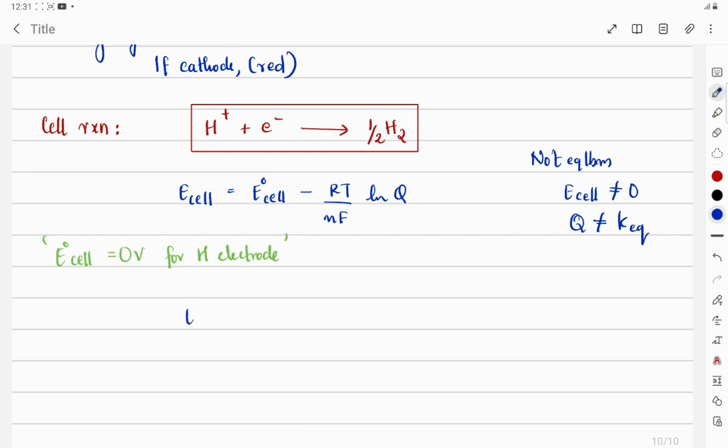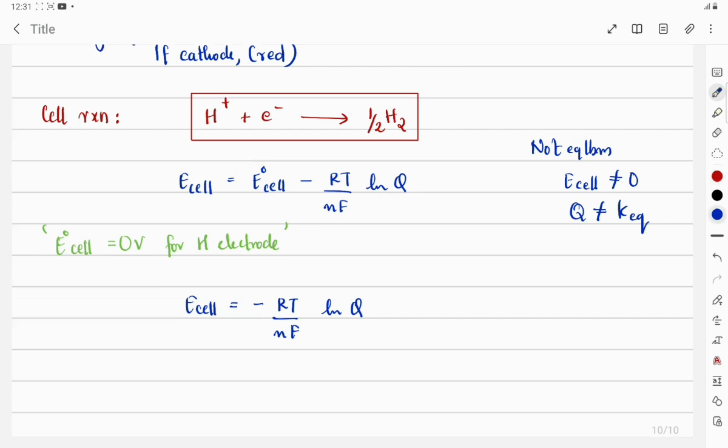Now let's rewrite the equation. E cell is equal to E0 cell, which is 0, minus RT by nF ln Q. And we know what Q is: concentration of product by concentration of reactant.